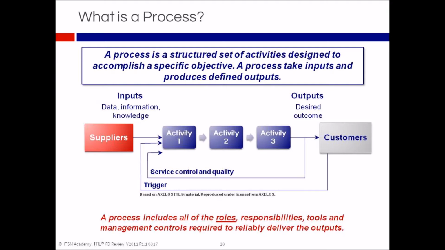I know sometimes when we think about this term process, some of you may be seeing a Visio flowchart in your head, but that Visio flowchart is only one small part of the process. All of these other components have to come into play in order to have that process clearly defined.